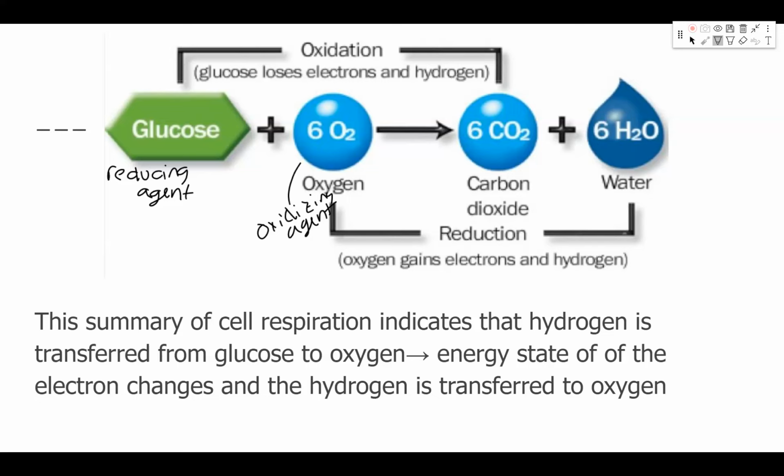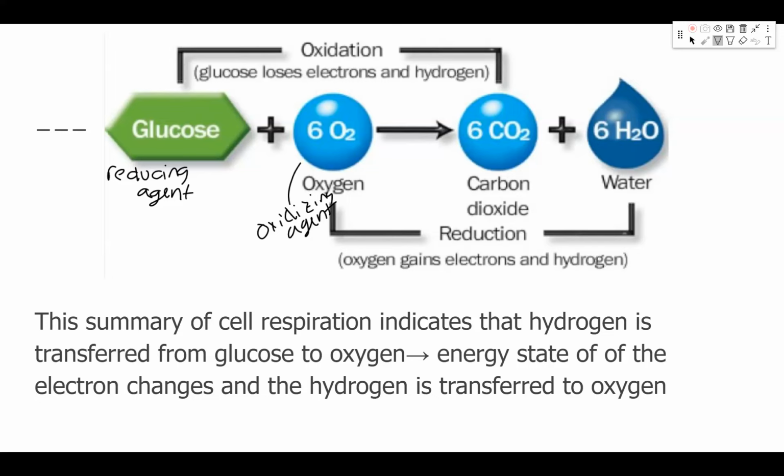So, hydrogen is transferred from glucose to oxygen. That's what this main equation tells us, right? But our electron changes and the hydrogen is transferred to oxygen. This equation doesn't show us that electron change. It just shows us where the hydrogens are changing.